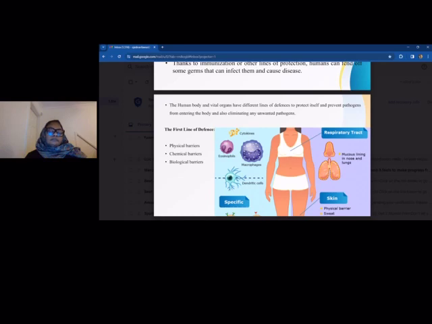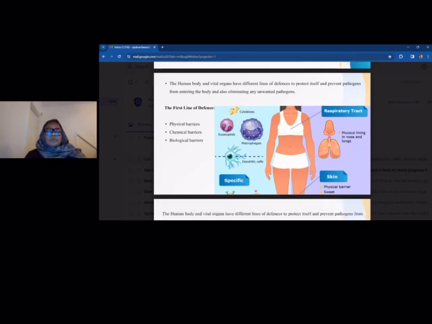Here we have the pathogens, and the body's organs, which are the respiratory tract, and the mucous lining in the nose and lungs. We have the skin, and the macrophages and the cytokines and all of that. Here we're going to be talking about the first line of defense.